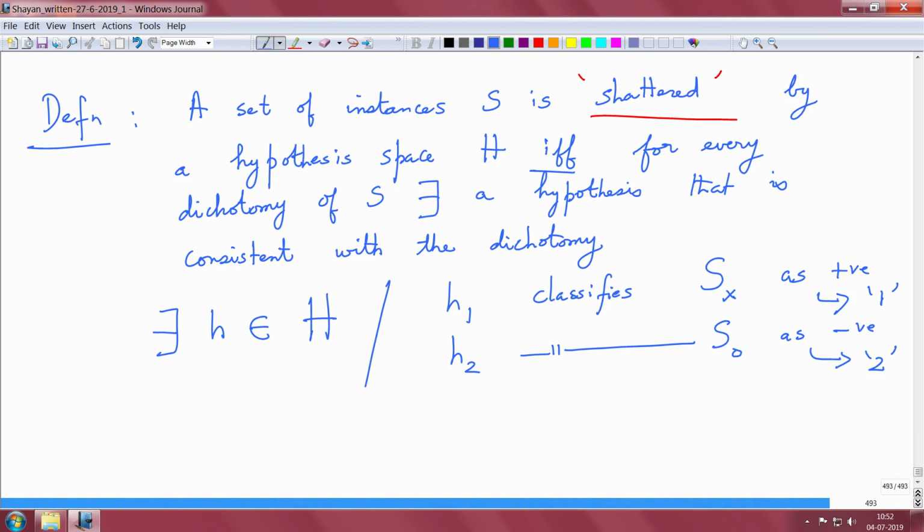And if the hypothesis is consistent with the dichotomy, then we can say that the set of instances in this set S is shattered by the hypothesis present in the hypothesis space.